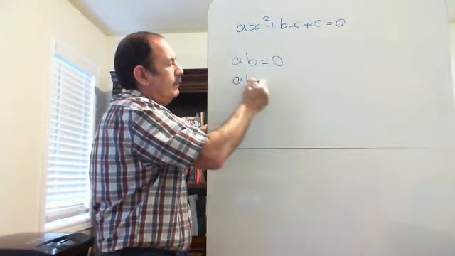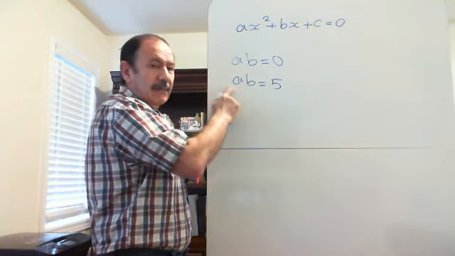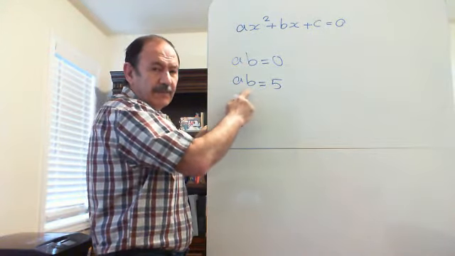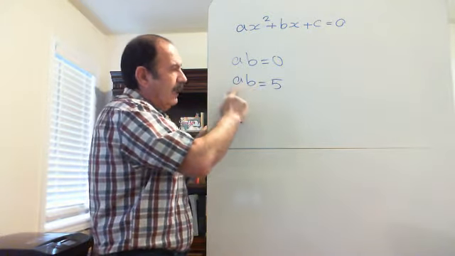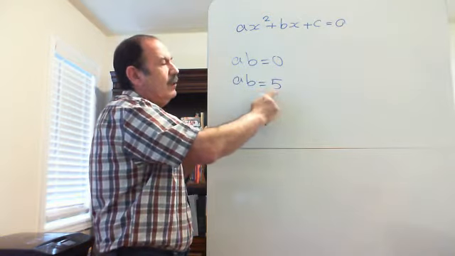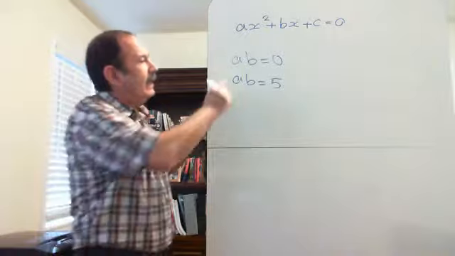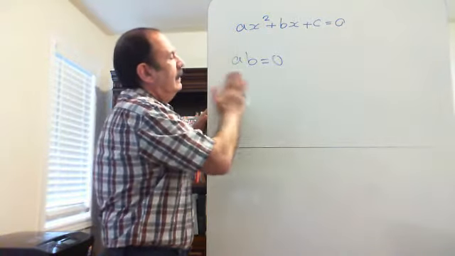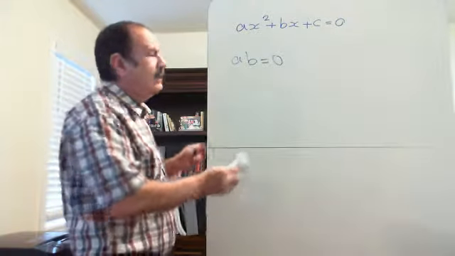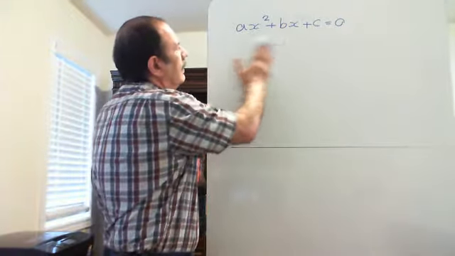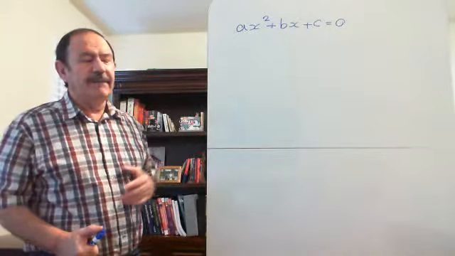If ab equals 5, as an example, then the result of a depends on the value of b, or the result of b depends on the value of a, if it's equal to something other than 0. But when ab is equal to 0, then one possible answer is a equals 0, and the other possible answer is b equals 0. Okay, let's use this rule to solve the quadratic equation by factoring.